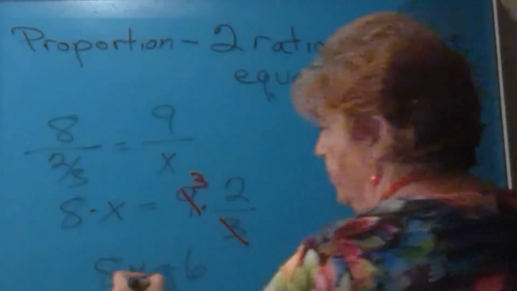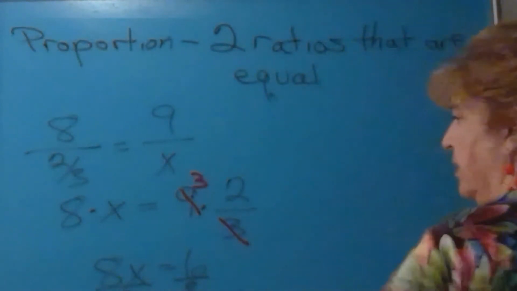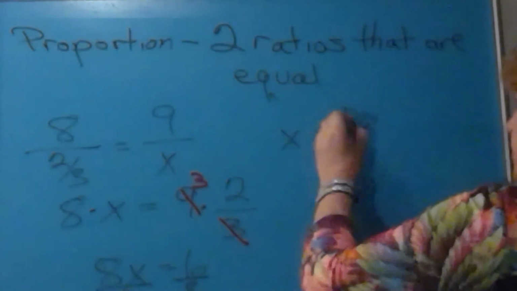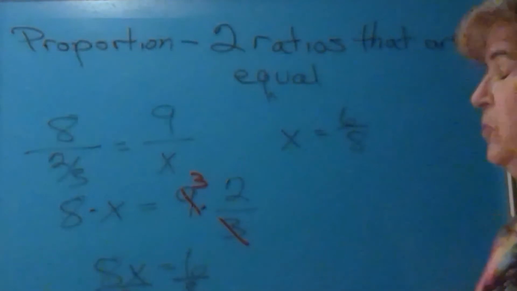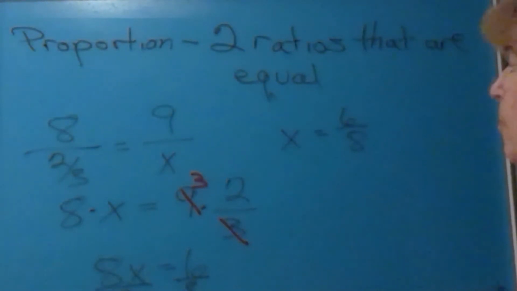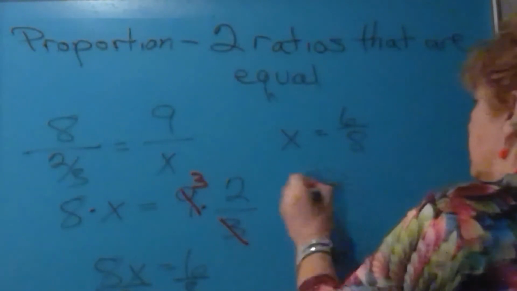Well, I'm going to divide both sides by 8. You end up with x equals 6 over 8. Fractions should always be reduced, unless for some reason you need it left like that. But in this case we don't, so we can simplify that.